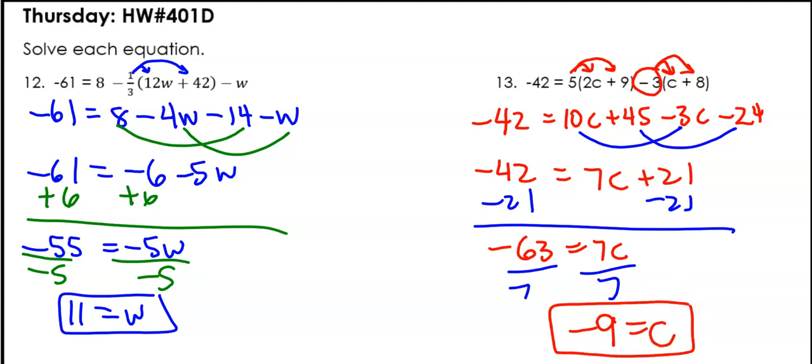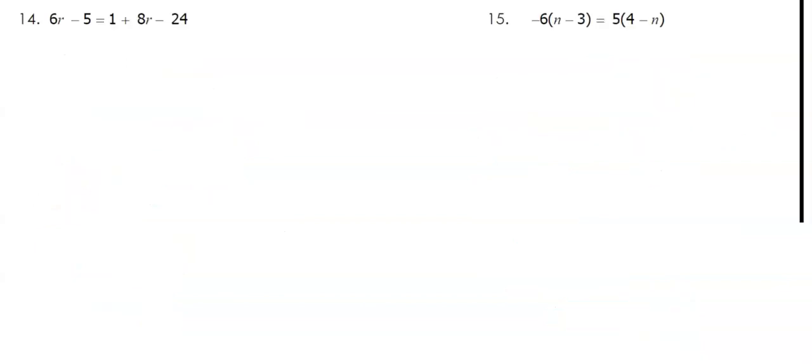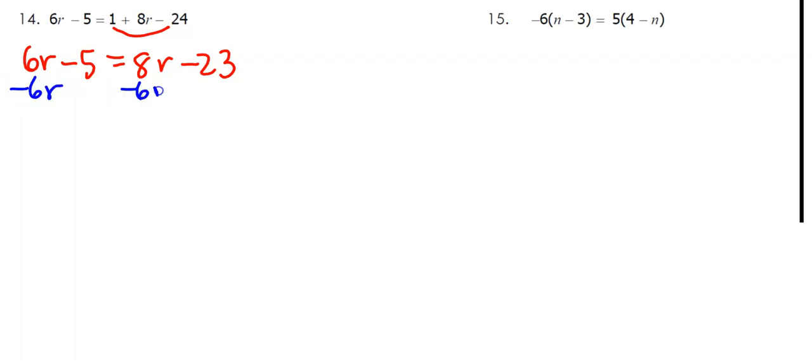All right, let's take a look at the last two. Okay, no distributing here, but this time I have variables on both sides of the equal sign. So I'm going to shrink this up first and get negative 23. And now to get my 8's together, I'm going to have to subtract one of them.